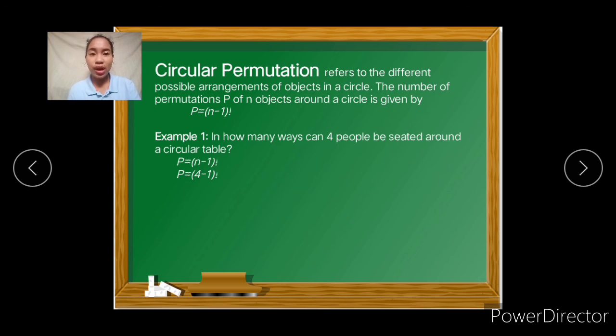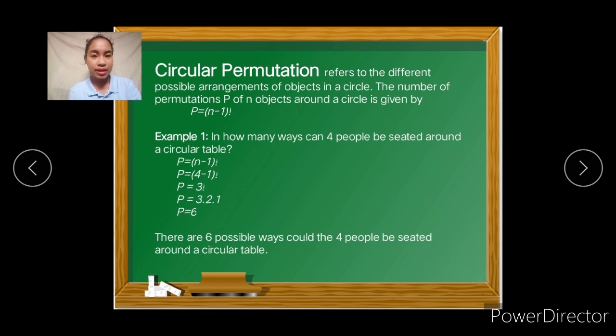So substitute to our formula. P is equal to n minus 1 factorial. So P is equal to 4 minus 1 factorial. P now is, 4 minus 1 is 3, so 3 factorial. We have 3 times 2 times 1. So P now is 6. So there are 6 possible ways the 4 people could be seated around a circular table.